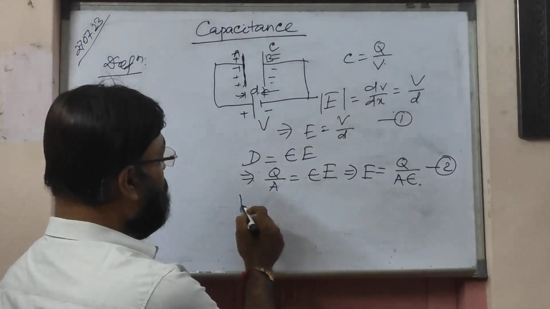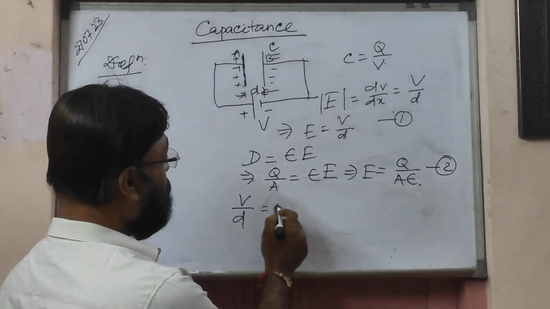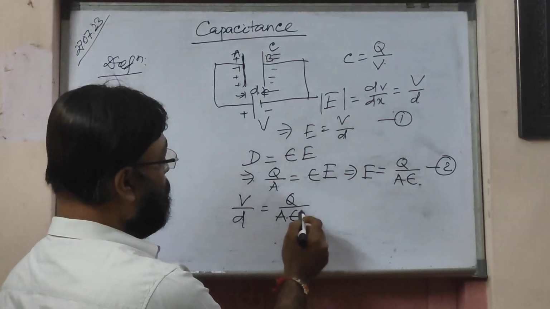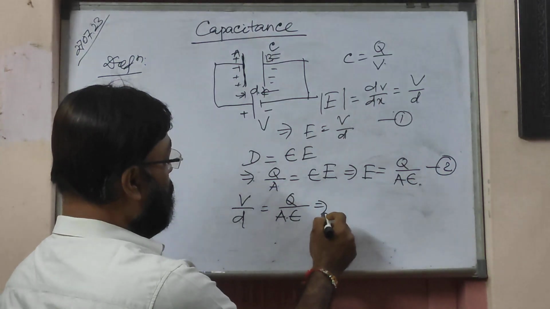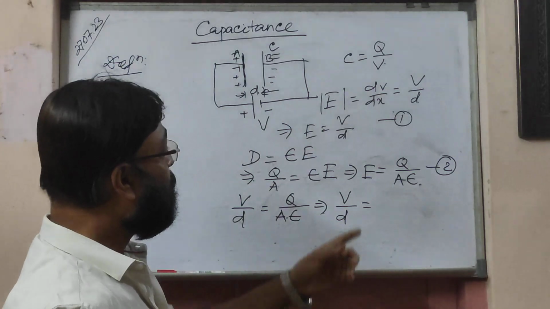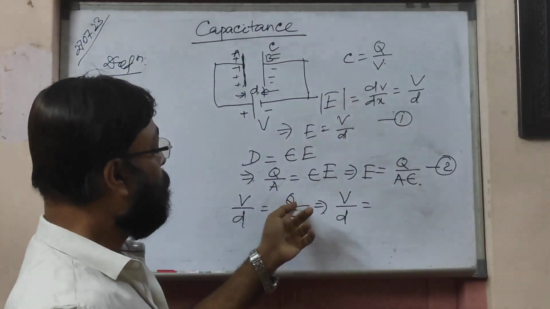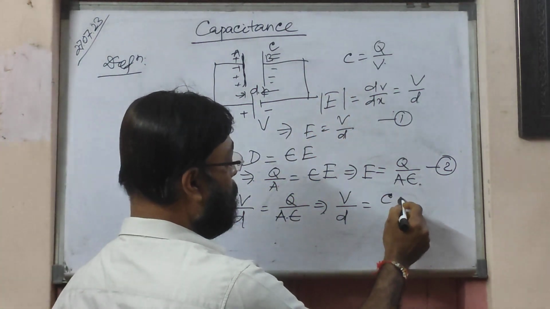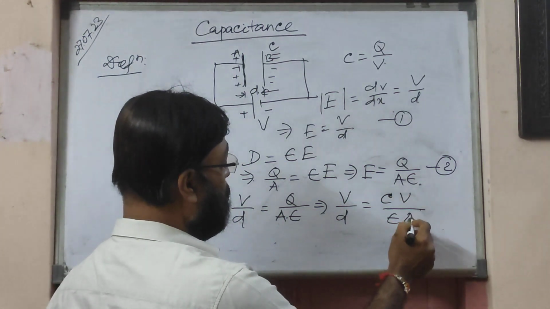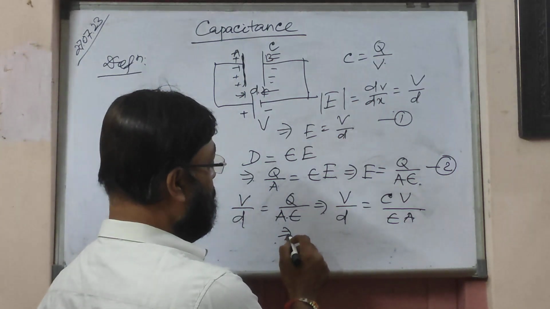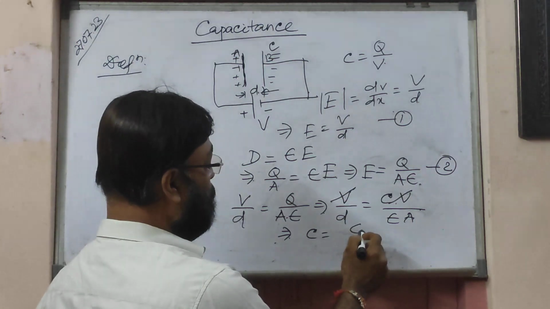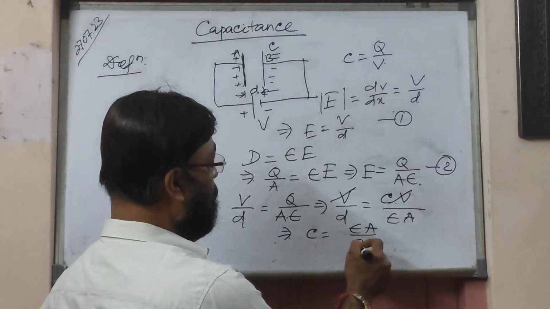We get V by d is equal to Q by A into epsilon. Substituting CV in place of Q, V by d is equal to CV divided by epsilon into A. V cancels out, so C is equal to epsilon into A divided by d.